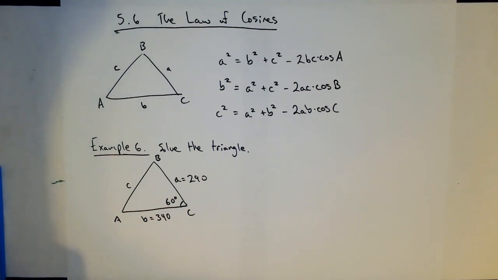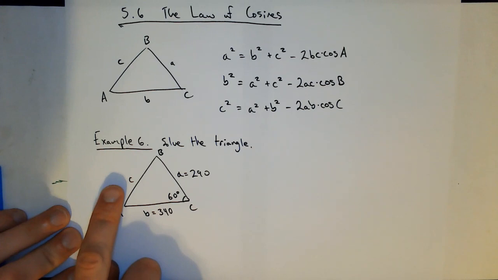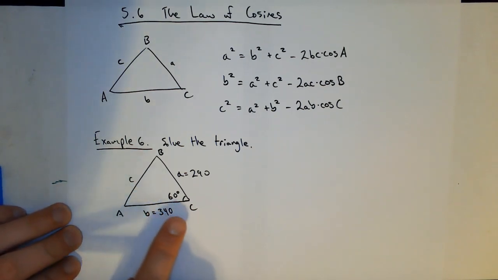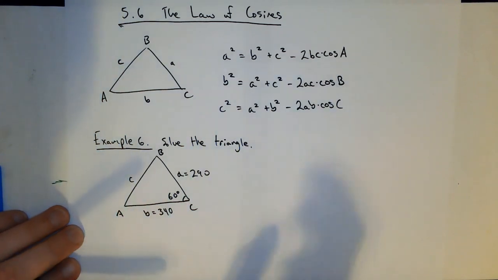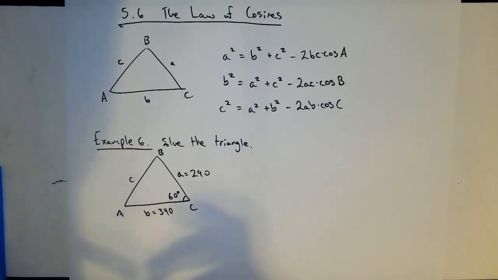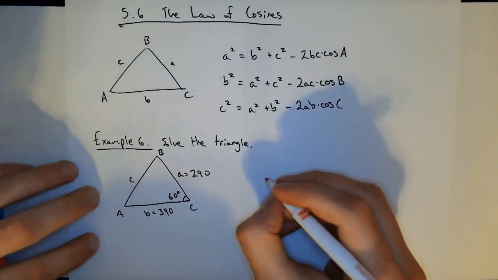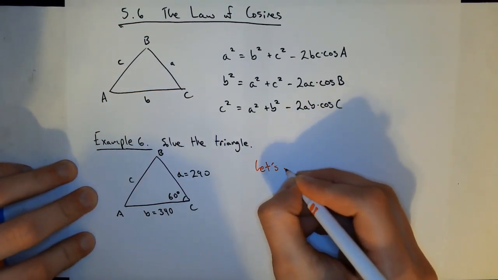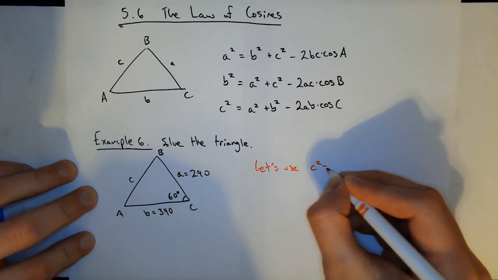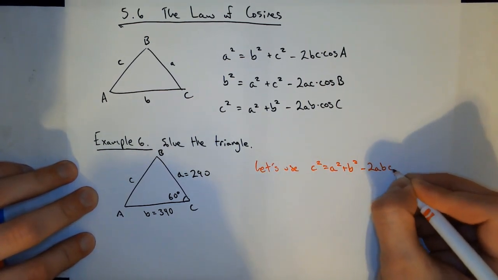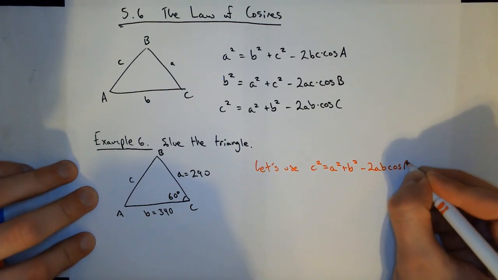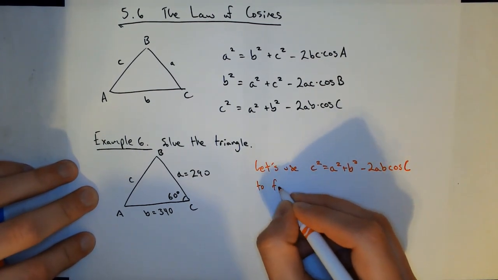If we could find side c, then we would have both angle C and side c, and that would be enough for us to then finish the problem with the law of sines. So let's use c squared equals a squared plus b squared minus 2ab cosine of C to find little c.